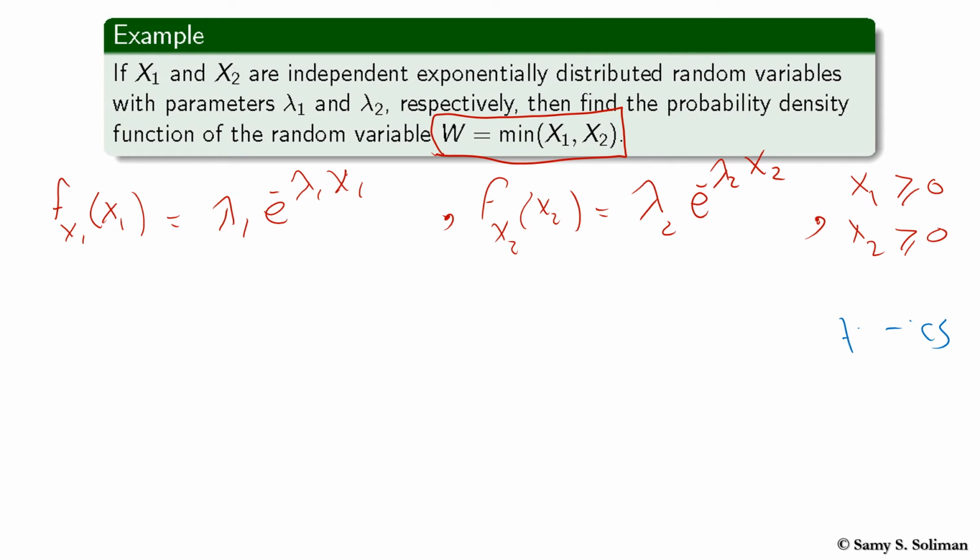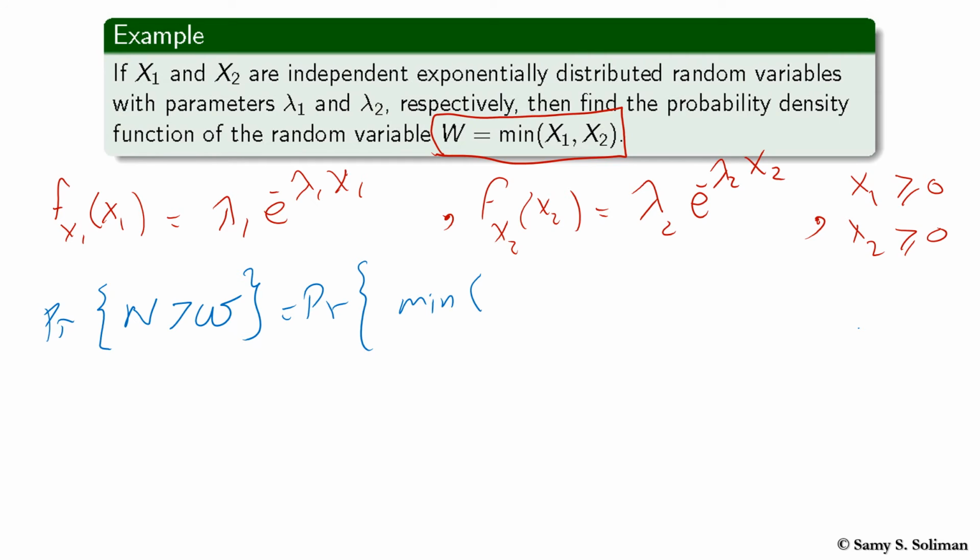Let's first define the probability that random variable w is larger than a specific value small w. This is the probability that the minimum of x1 and x2, which is the definition of w, is larger than any specific value w.